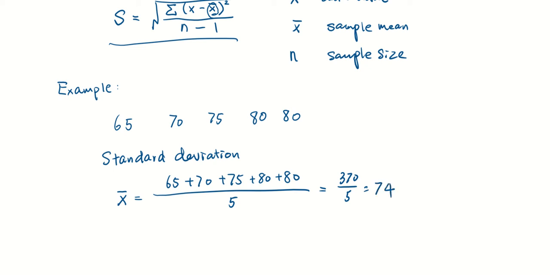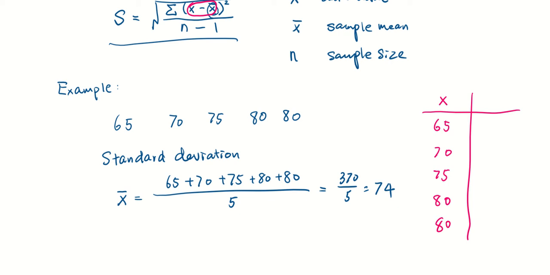To find the standard deviation, now I need to find each x minus x bar. So I am going to make a chart over here, with all my x's. The x's are 65, 70, 75, 80, 80.